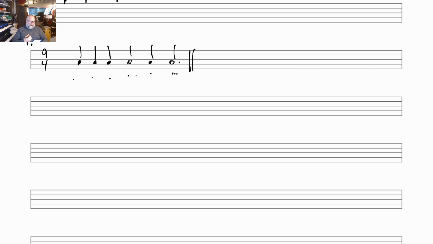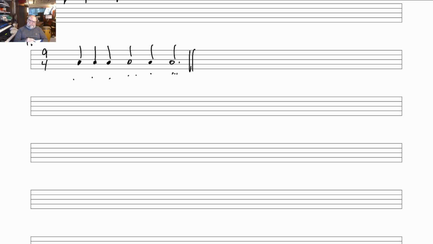We're not supposed to figure out what could work just based on how much stuff there is, but how the notes are presented to us. 9/4. Okay, well, in 9/4 time, the quarter note would be the division of the beat. This is a compound time signature.